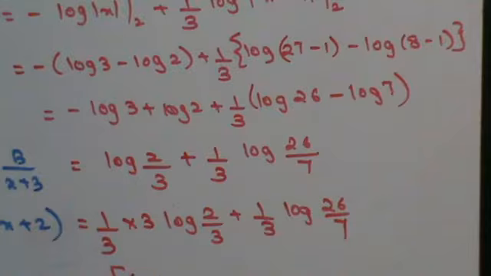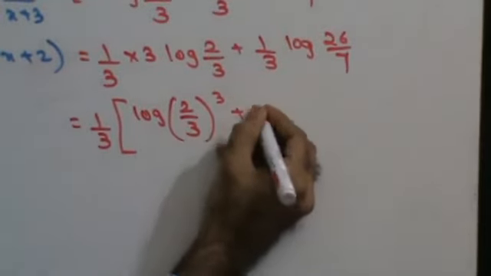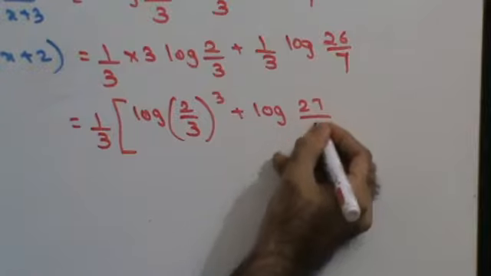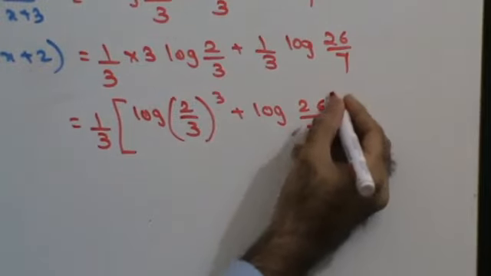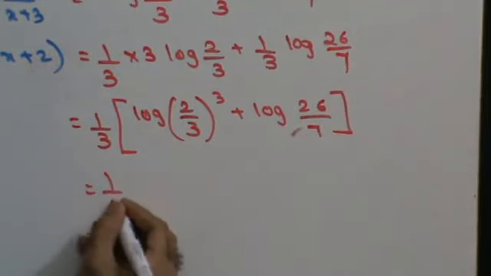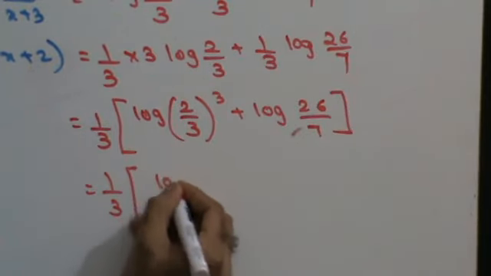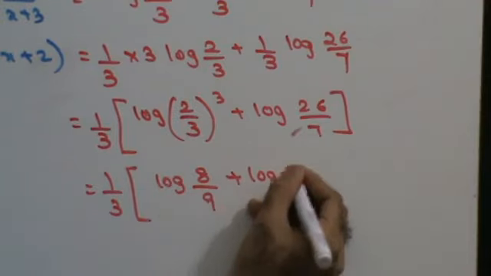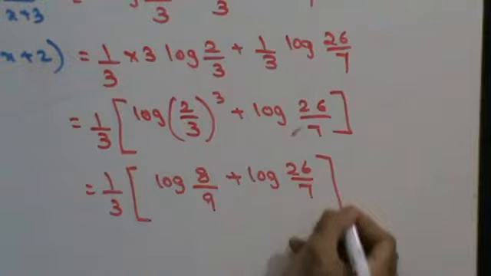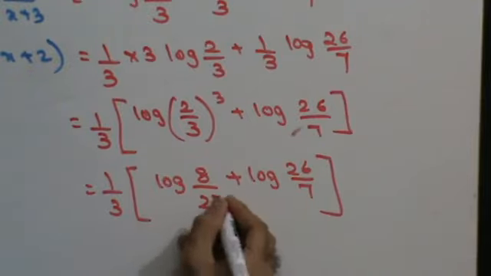So in that case you will get this as log 2 by 3 the whole cube plus log 26 by 7. This is 1 by 3 log 8 upon 9 plus log 26 upon 7, sorry, 8 upon 27.